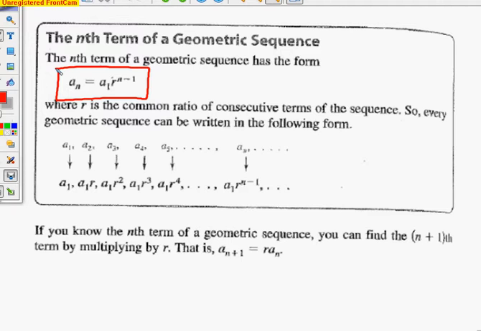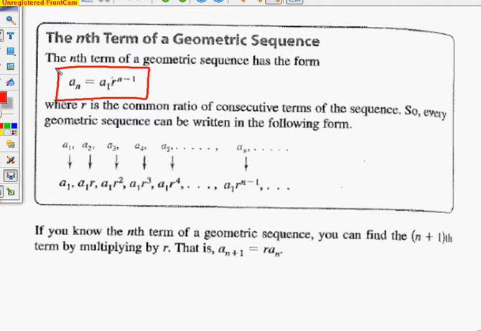Very similar for the arithmetic, the one that we've been using on the board here to the right. So again, you'll see what your terms come out to be. A sub 1 is the first term. The second term is a sub 1 times r. So again, you multiply by that ratio to get the next number. The third term is a sub 1 times r squared. So notice your exponent is the nth number minus 1. So 3 minus 1 is 2 for that third term's exponent.